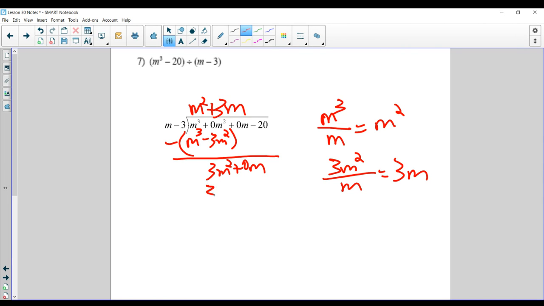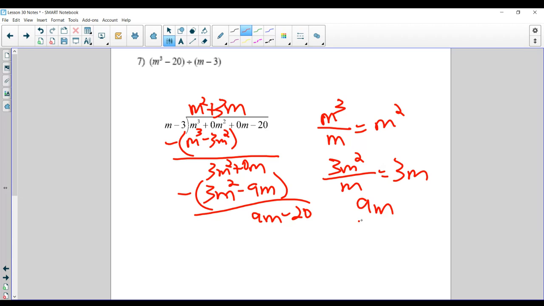So 3m times m, 3m squared. 3m times negative 3, negative 9m. Subtract the two lines. 3 minus 3 is 0. 0 minus negative 9 is positive 9. Bring the next term down, so bring the negative 20 down.